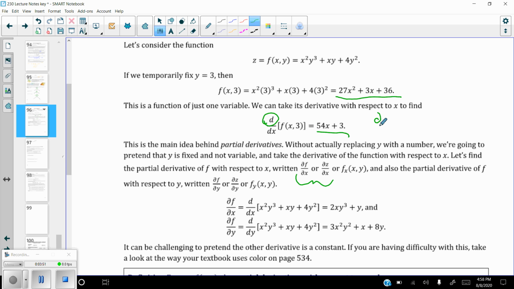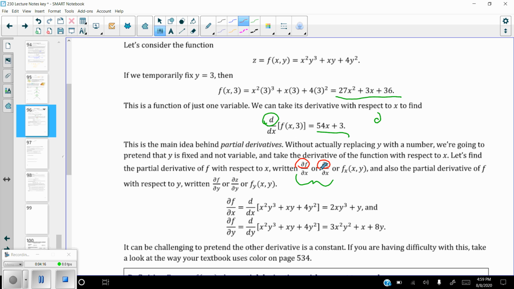Okay. If you want to take a partial derivative with respect to x, you can write it in a couple of different forms. Like you saw here, I can write the derivative of the function, or f, with respect to x. Or since we're talking about a function of x,y, and typically we can call that z, we can write it as dz dx.